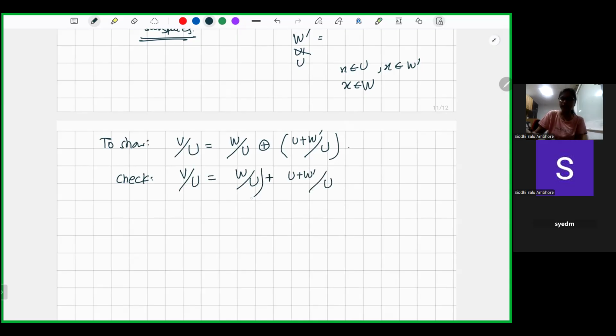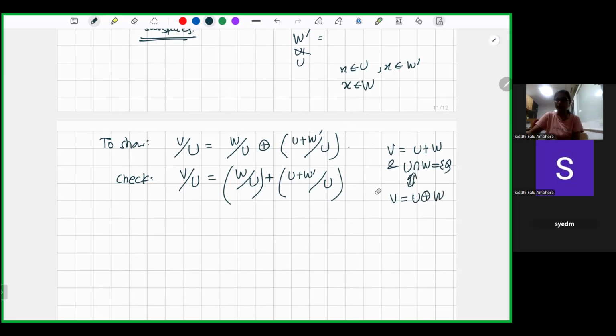And then we show that their intersection is 0, and then we will get hold of this. I hope this is okay, right? I mean, direct sum is essentially that: the sum, and the intersection is 0. This is what it means, okay?